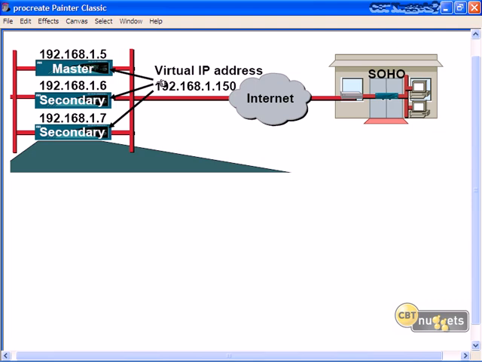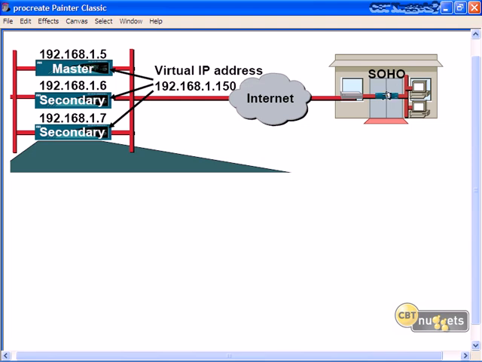And you can see here I've got this cluster of a master with two secondary VPN concentrators, and they have their own IP addresses, .5, .6, .7, but we have a cluster being virtualized and represented by one single virtual IP address of 1.150.